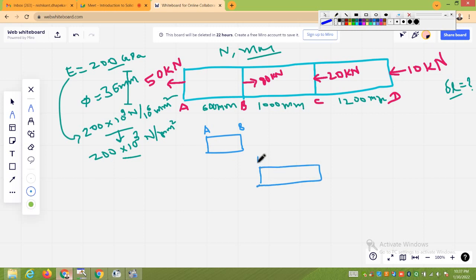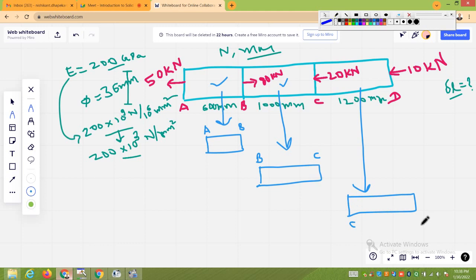This is B, this is C, this is your second section, this is your first section, and the third one I am drawing here, this is your third section, this is C, D.